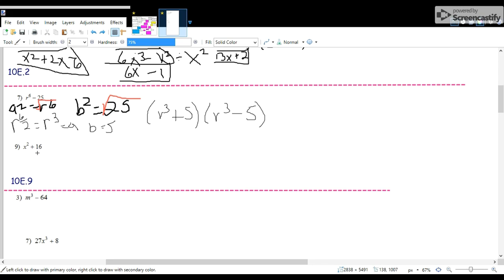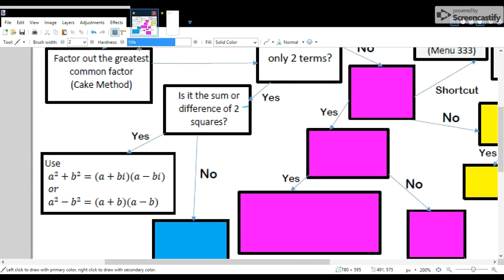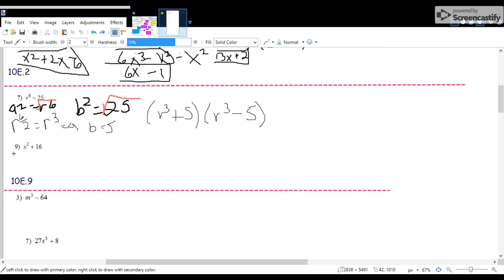Okay, let's look at the next one, number 9. X squared plus 16. Well, it is 2 terms. It's a sum of 2 squares. So we'll use this formula. So first of all, a squared is going to be x squared, and b squared is equal to 16. Now to find a and b, we take the square roots.